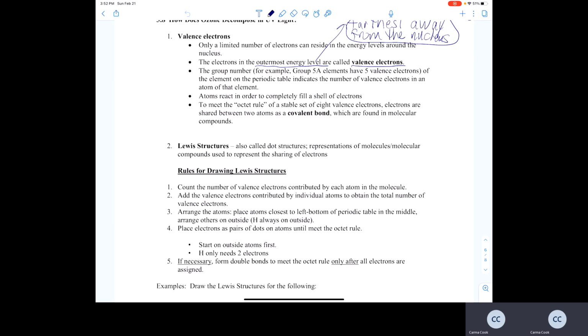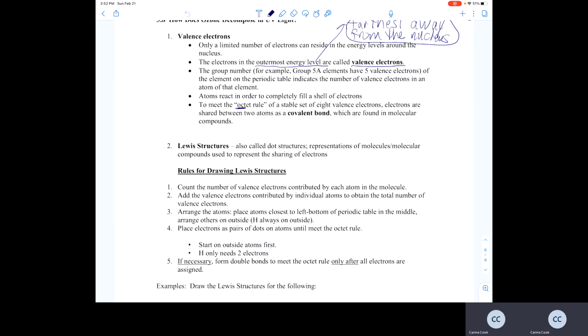So atoms, when they are reacting with each other to form a bond, are going to react in order to completely fill an outermost energy level with electrons. And to do this, there must be a total of 8. And so this is called the Octet Rule.